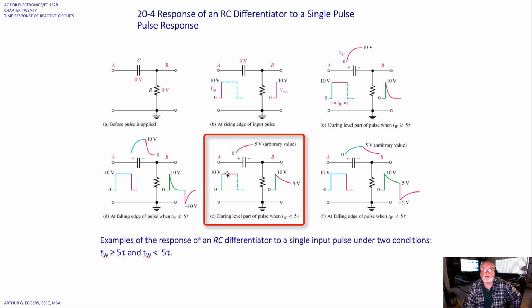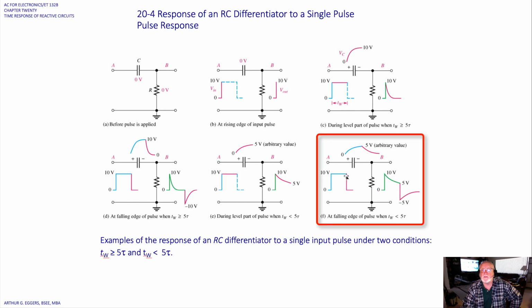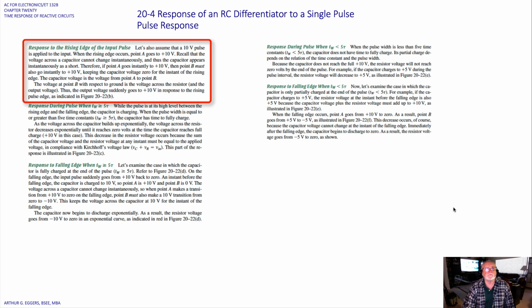So during the 10 volt pulse width, you can see what happens here, and they just chose some arbitrary value of 5 volts, just to demonstrate what's going on. You can see that the transition now is from 10 to 5 volts, and then during the falling portion of the input, when it goes from maximum to minimum, we end up with 5 volts to minus 5 volts, and then the charge occurring again.